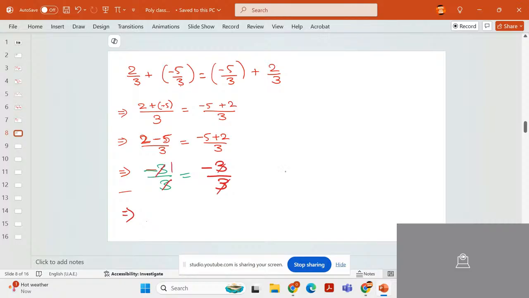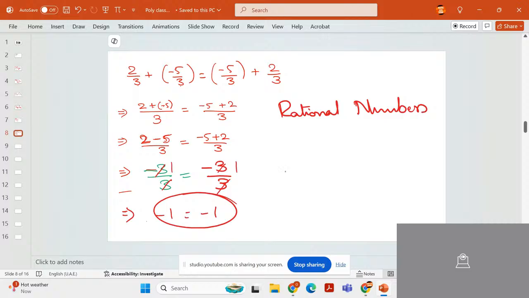Do you get the same number on both sides? So since we get the same number on both sides, we say that rational numbers are commutative under addition. Okay.